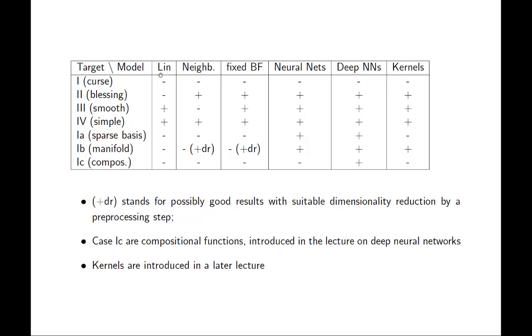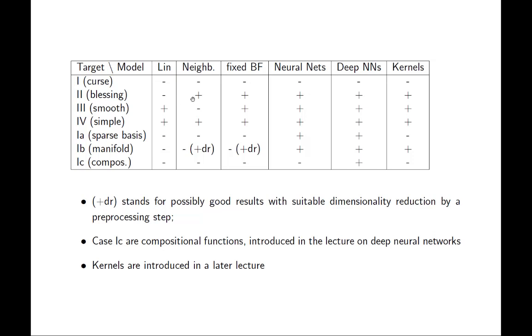So then if we look at the Blessing of Dimensionality, so small input space, but high complexity of the function, the linear model cannot do much because it cannot deal with this complex mapping.